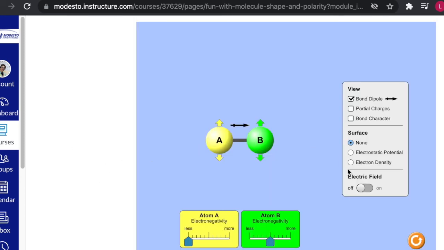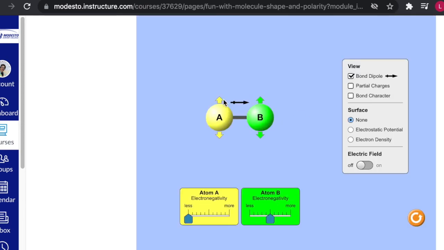So this is fun to play around with a little bit. You can view the dipole as an arrow. You can even view the little partial charges here, the delta plus and the delta minus. You can see how the bond is becoming either more covalent, more nonpolar, or more ionic.